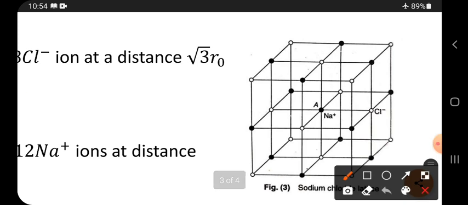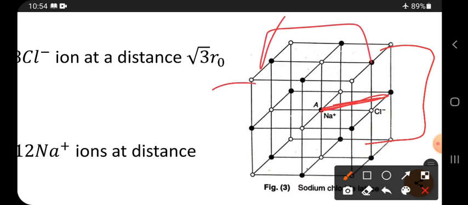Already I explained to you at what distance root 2 r naught distance is present. If you consider next here, one cube on this side, one cube upside, one cube on this side, and this side, and front to back, if you extend, then we can easily understand at what distance those two are present. If you consider this side, then at the center one atom will be present. Okay, that is the center sodium only.